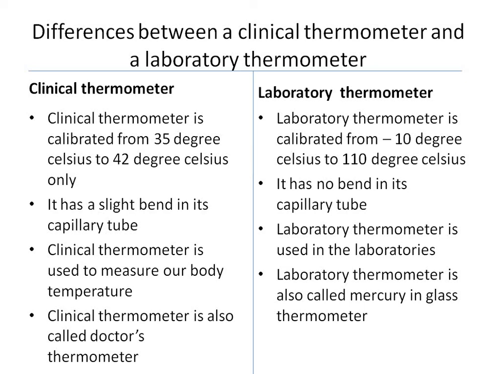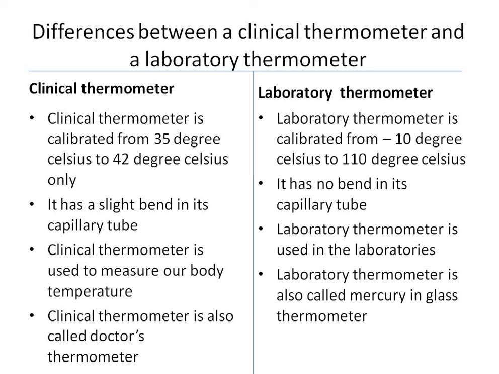And if there is no bend in the capillary tube, when we take out the thermometer from the mouth, the mercury will fall down into the tip. To avoid this sudden fall, a slight bend is provided in the capillary tube.